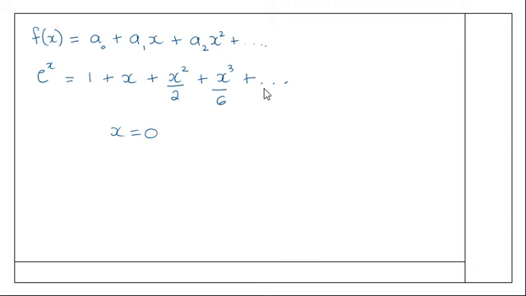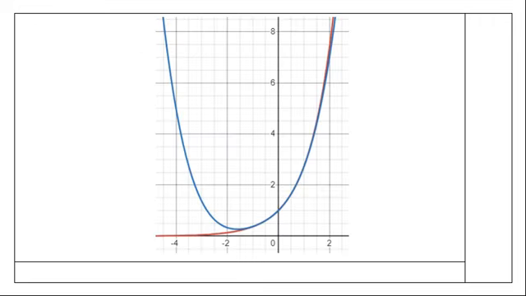All right, and let me show you a graph of this. So here is a graph showing the e to the x function, which is the red, and the polynomial, the 1 plus x squared over 2 plus x cubed over 6 and so on, is the blue one.